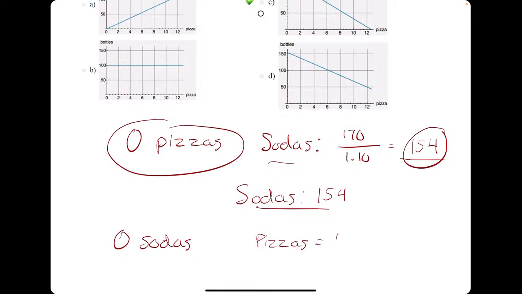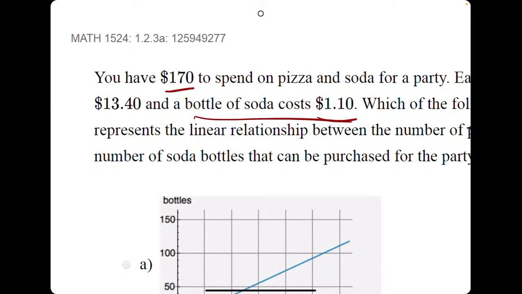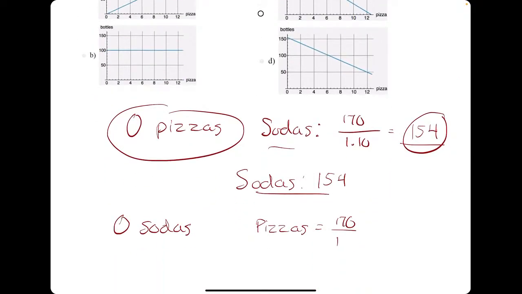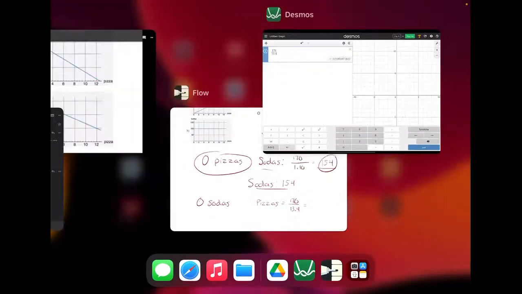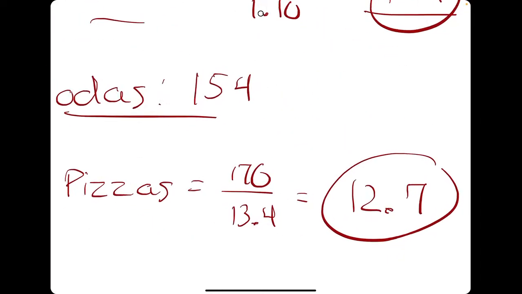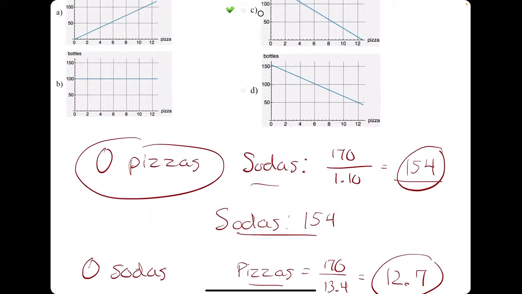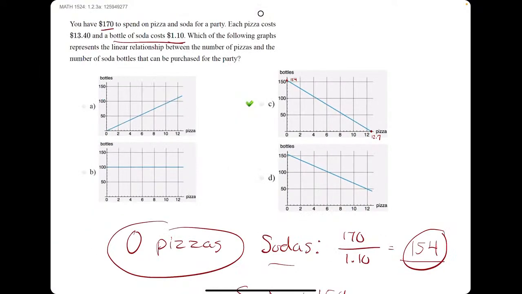We can buy 170 divided by 13.4, because that's how much the pizzas cost each. We get about 12.7, kind of close to 13. So 12.7-ish is the pizzas' intercept.